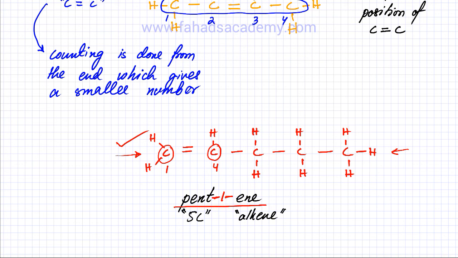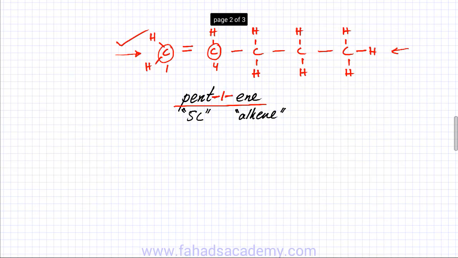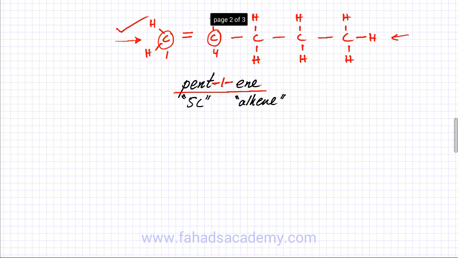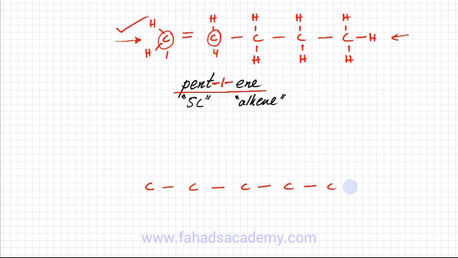Let's do another example. Let's take another molecule. For example, we have 1, 2, 3, 4, 5, and 6 carbon atoms in a line, and there is a double bond over here between these two carbon atoms.